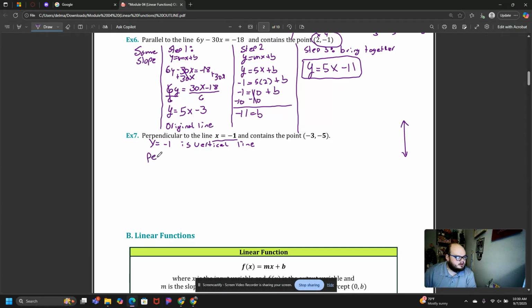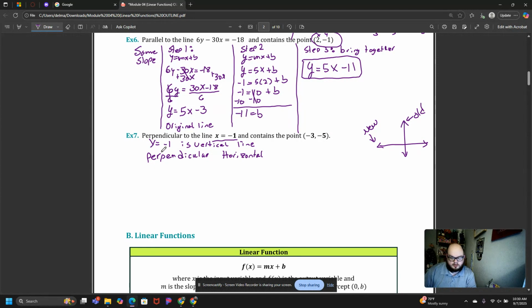So the perpendicular line would have to be horizontal, right? Because we want this new line to cut it like this. Okay, this is our new, and this isn't drawn to scale. Okay, and this is our old.